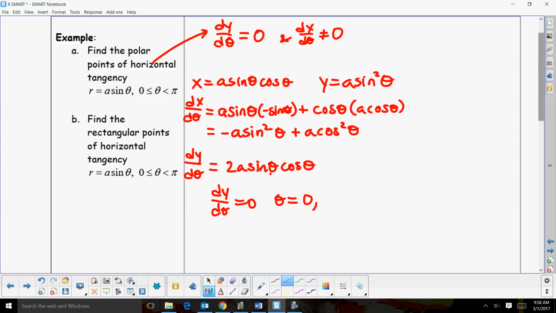So I go 0, and then pi is the next one, and then 2 pi, and I could have gone back to negative pi, but they told me I'm only looking from 0 inclusively to pi exclusively. So 0 is the only one from this part. What about over here? What makes that 0? Pi over 2. Anything else in the interval?